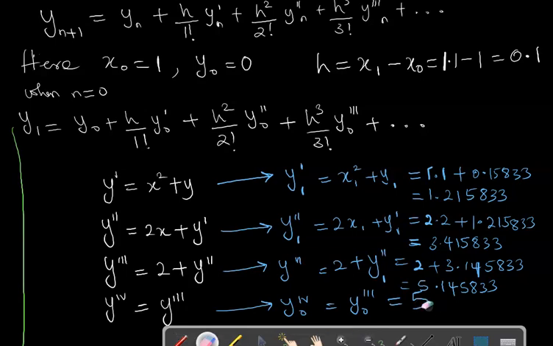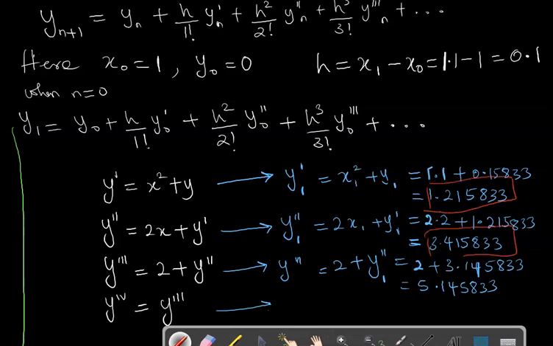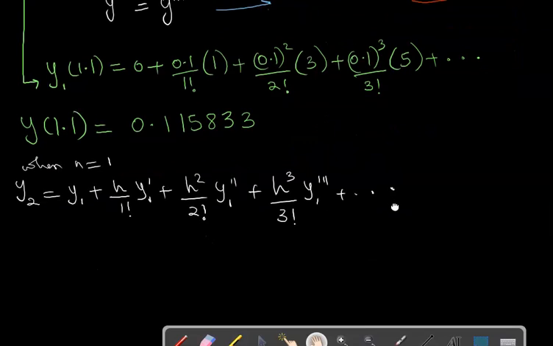I can clean this one. I don't need this one, I don't need this value for now. That is now the new value we are going to use, and the last one.